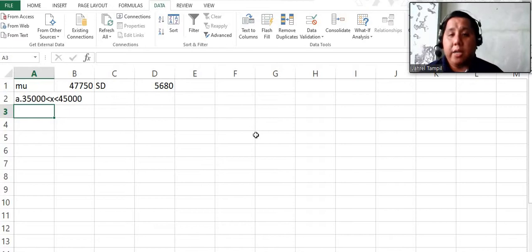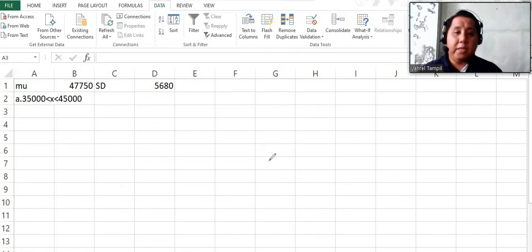So here we are in Excel. I kind of enlarged it, and as you can see, we encode here the mean, standard deviation, and the first letter that we have to solve. We are asked, what is the probability that a teacher's salary is in between 35,000 to 45,000? Now, let us also analyze it first before we compute it using Excel.